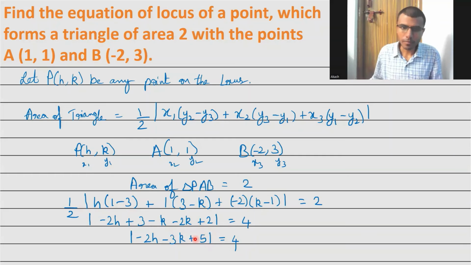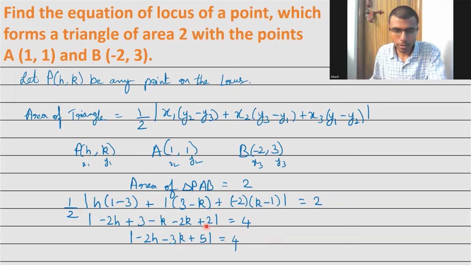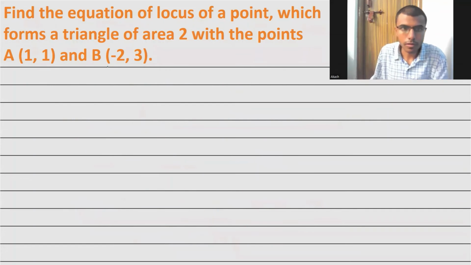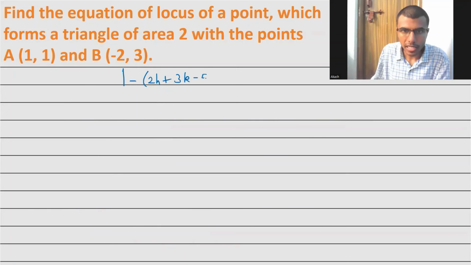Now, what I can do is take out minus common from this, because it will look neat. So mod of minus of 2h plus 3k minus 5 is equal to 4.